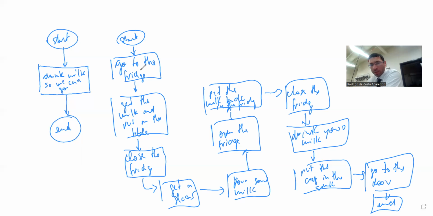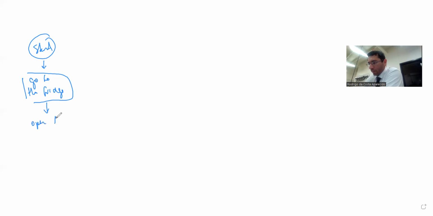All right. So we can actually turn this into something different. I'm going to clear this on my drawings. What if you start, go to the fridge, open the fridge, and then I'm going to add a question.